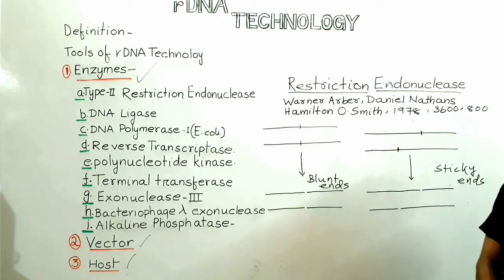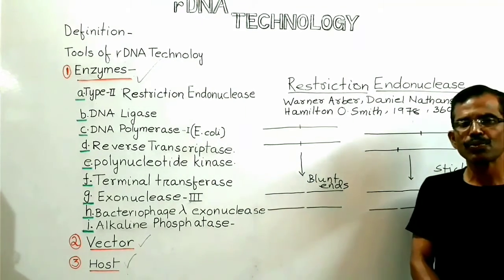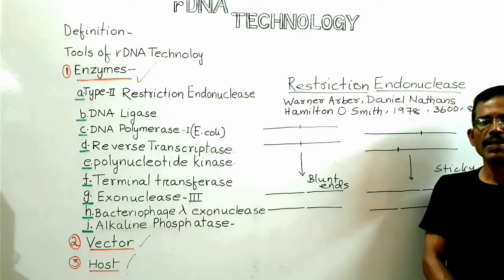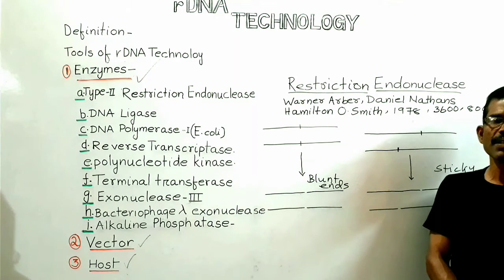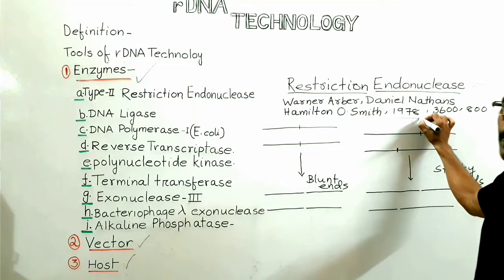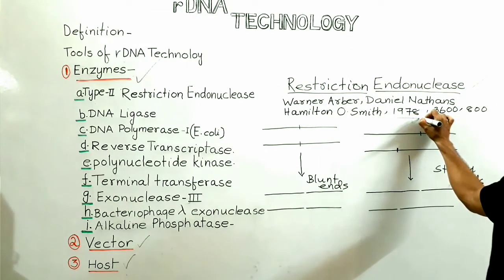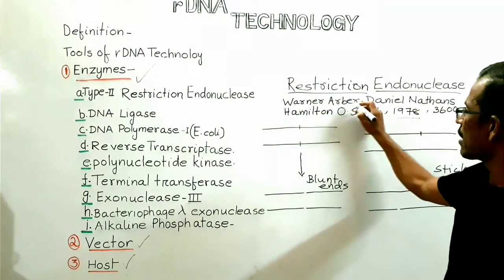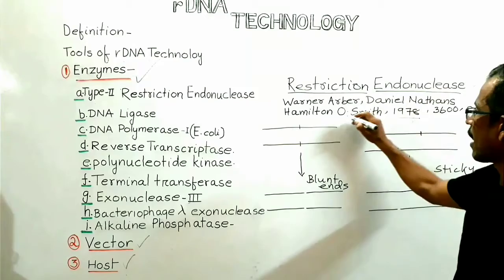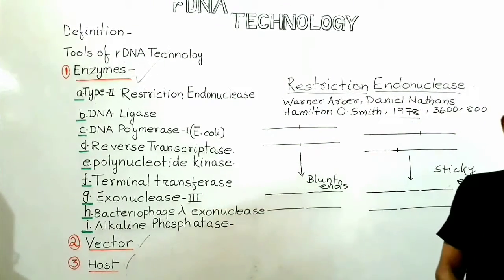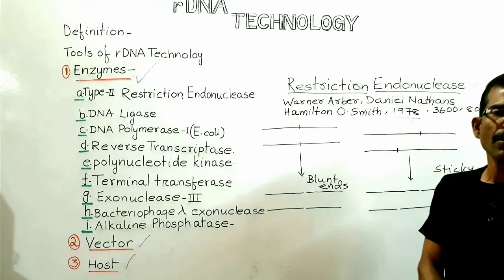So restriction endonucleases are very useful in molecular biology and in recombinant DNA technology to cleave DNA molecules at specific positions. The 1978 Nobel Prize for Physiology or Medicine was awarded to Werner Arber, Daniel Nathans and Hamilton Smith for the discovery and characterization of restriction endonuclease.